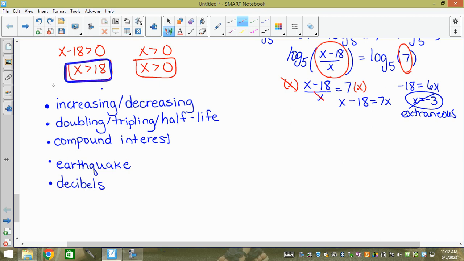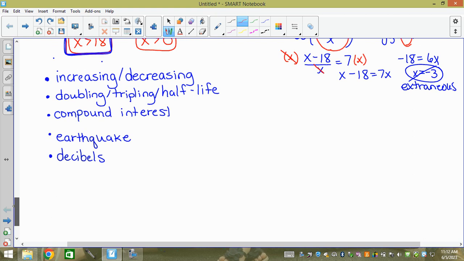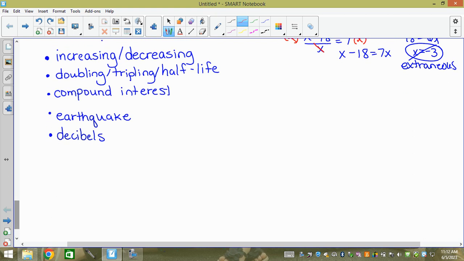Now, what else could they give you? They could give you something like this. Log base A of 2 equals Z, and log base A of 3 equals Y. Okay, they can give you that.